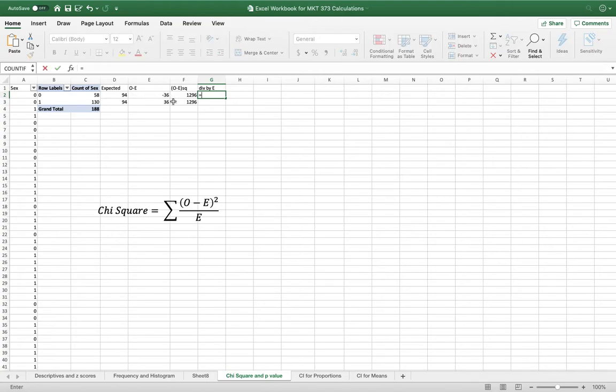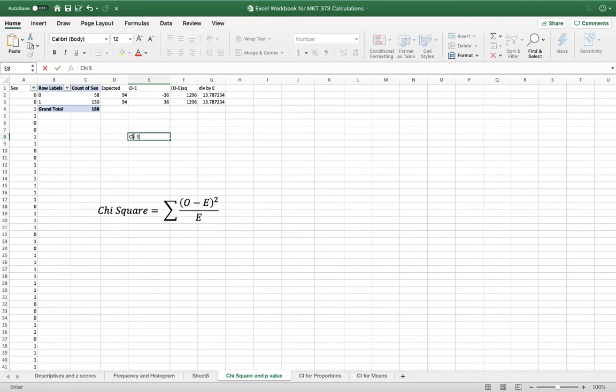So we take the 1,296 divided by 94. And we do the same thing here, 1,296 divided by our expected value. And there you go. The last bit of the equation is to sum those two numbers.